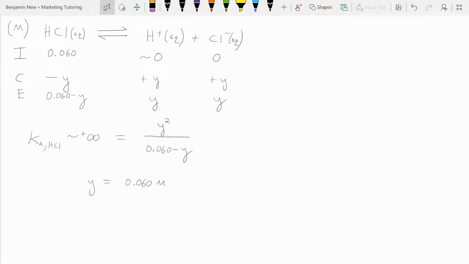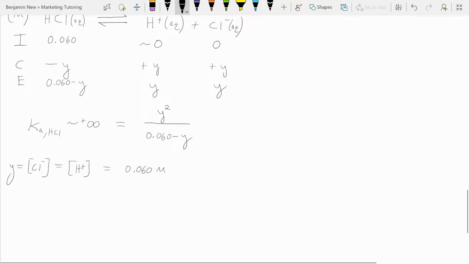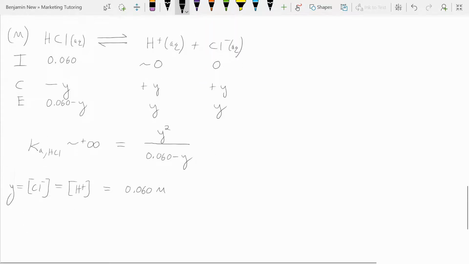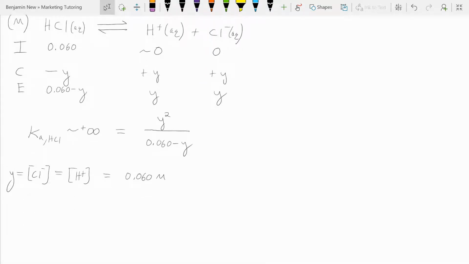And if that is the concentration of H plus, and that is also the concentration of Cl minus, since the expressions are the same. That's y. And also mathematically, if we plug 0.060 in for y, we get 0 in a denominator. Whenever we have a number in the numerator and a 0 in the denominator, that's effectively infinite, or not a number. So both in the mathematical way and the physical common sense way, that makes sense.